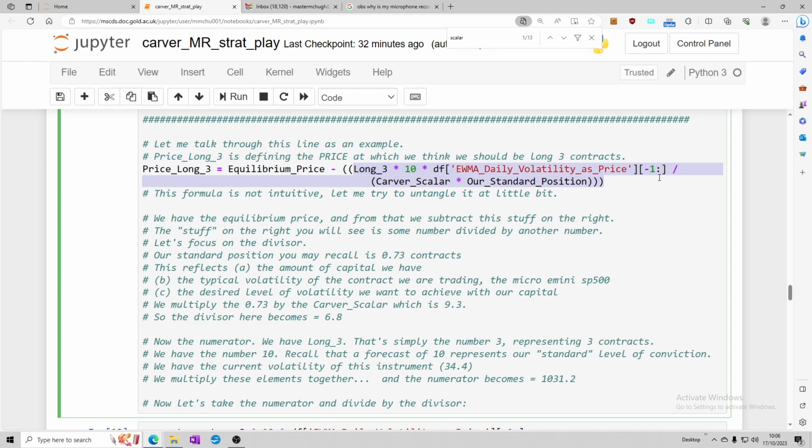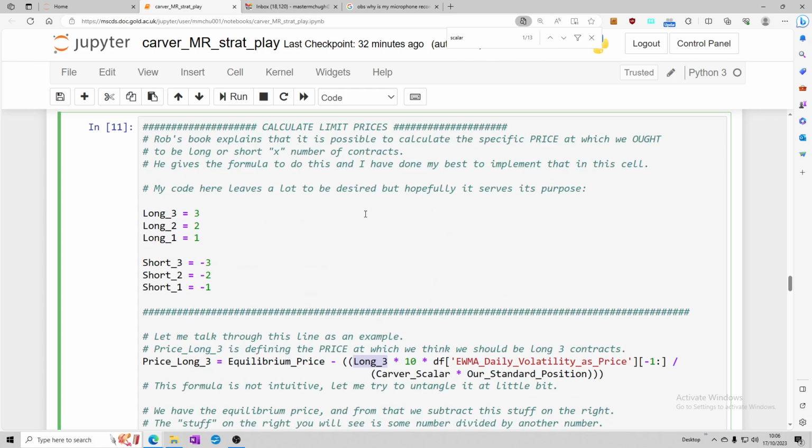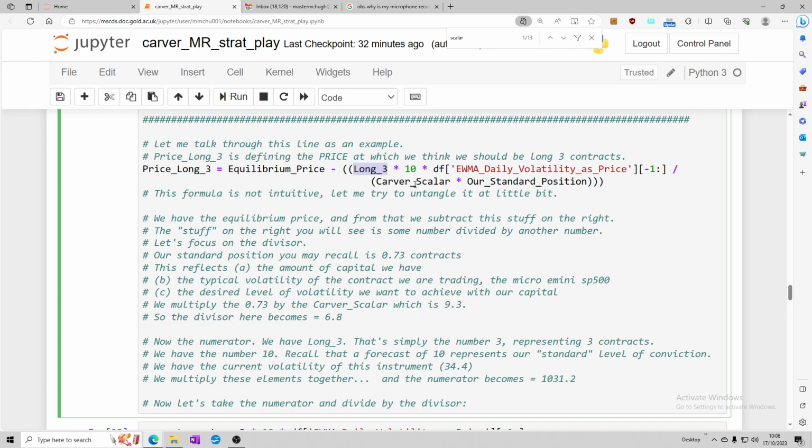Now turning to the numerator, we have long 3. I've defined that as simply, that means you want to be long 3 contracts. So this is just the number 3. We have the number 10. Recall that a forecast of 10 represents our standard level of conviction, our typical confidence level.